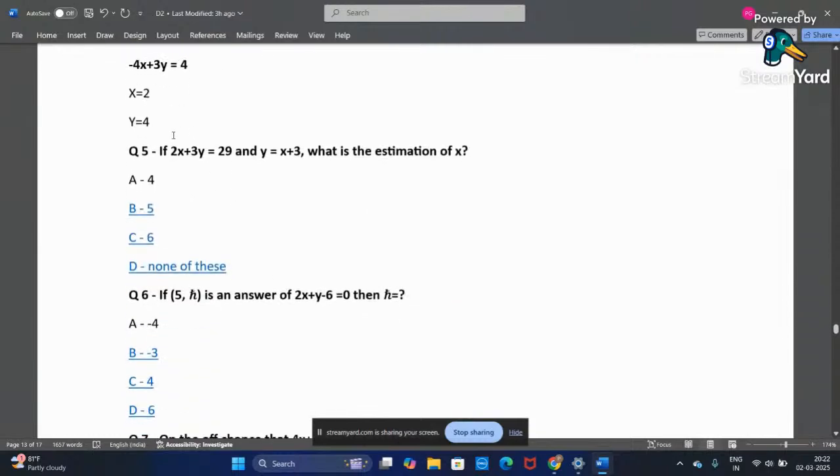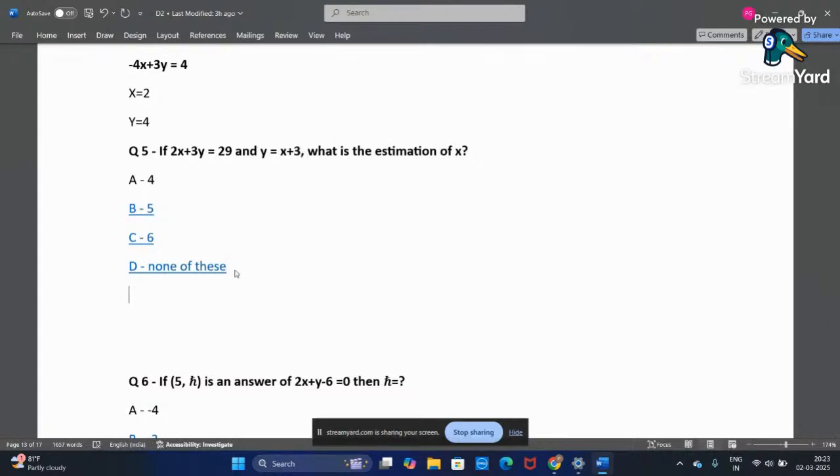Same way, you need to solve this. You have to take this x to the left side. Then the equation will be like minus x plus y equals 3.